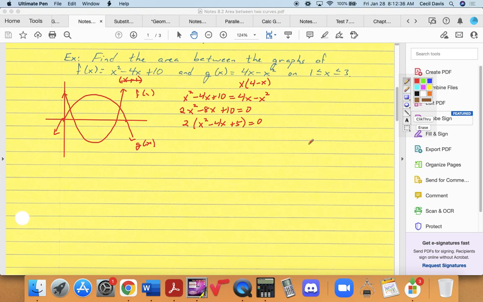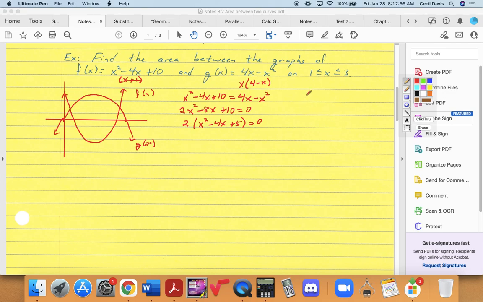Can't factor this. It doesn't factor very well. So what is our other option when it doesn't factor besides using the calculator? The quadratic formula.